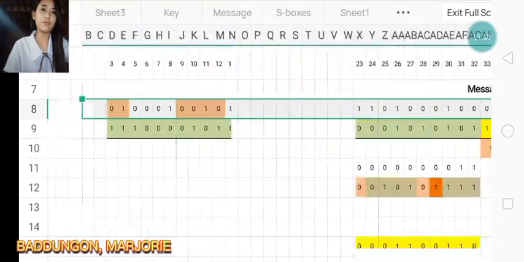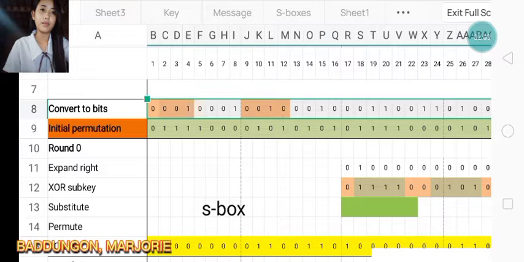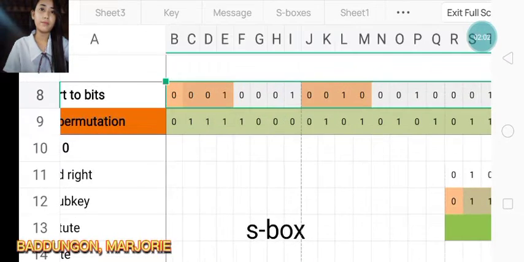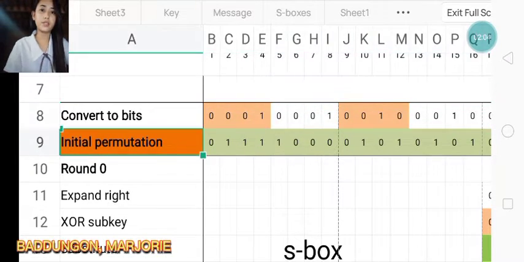So after converting to bits, the next step will be doing the initial permutation.